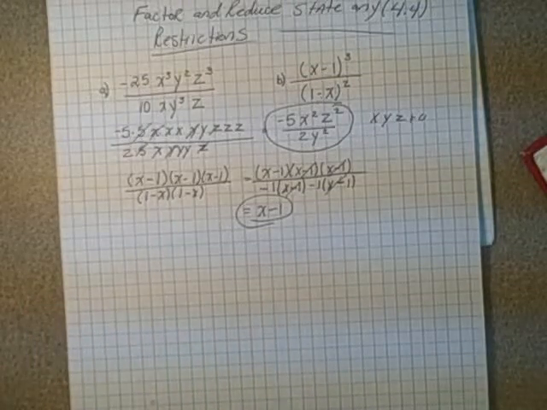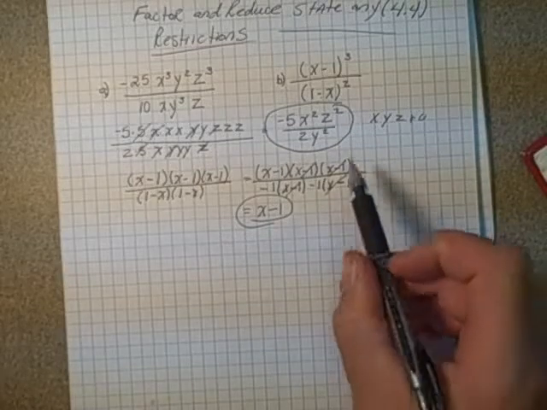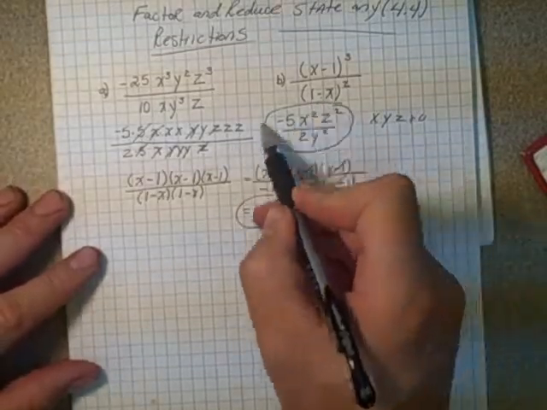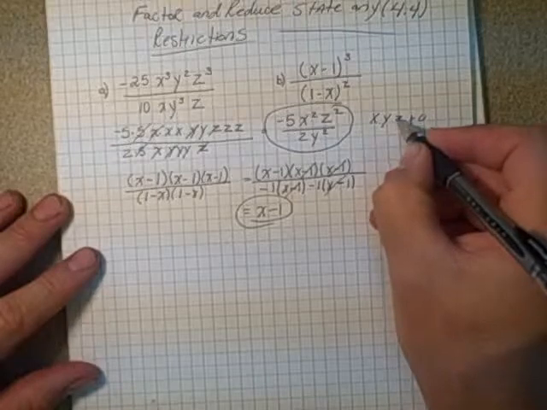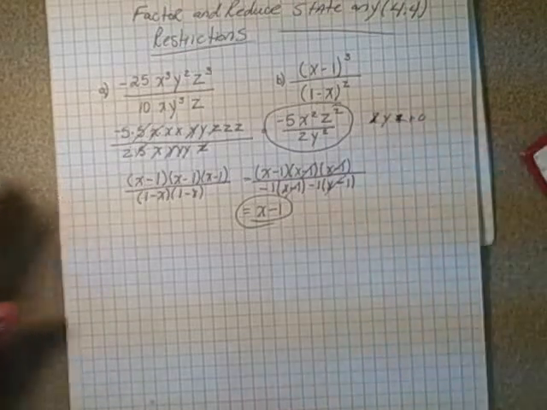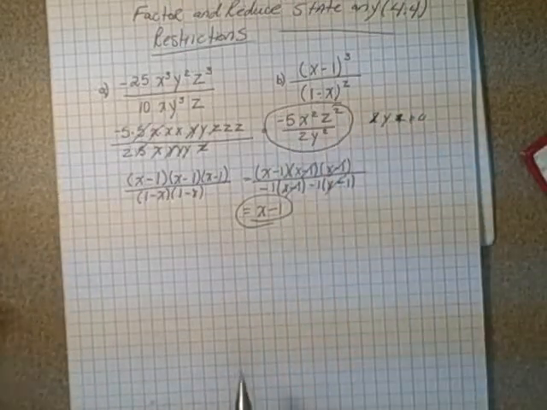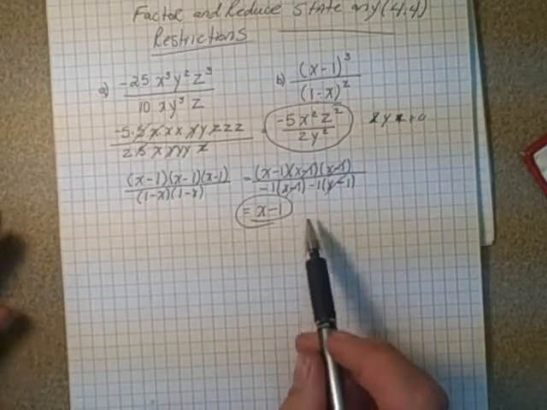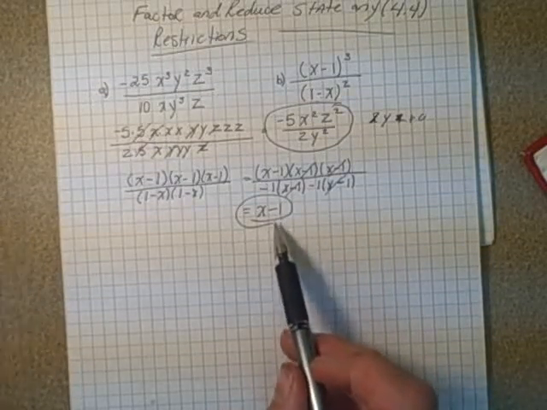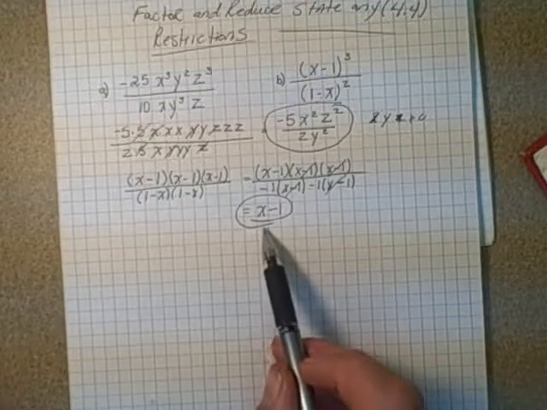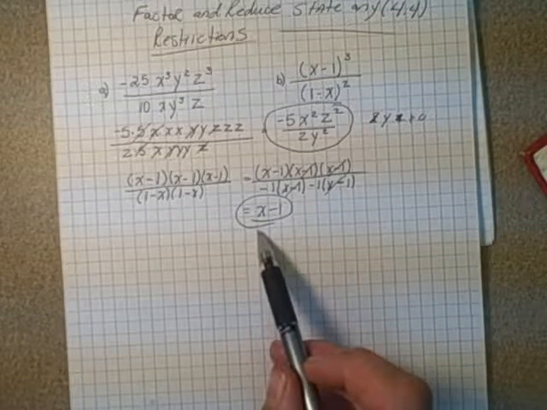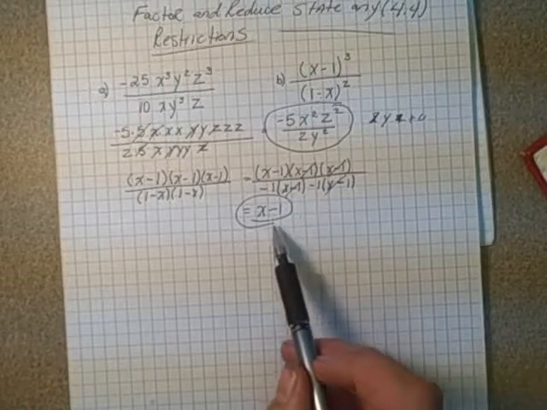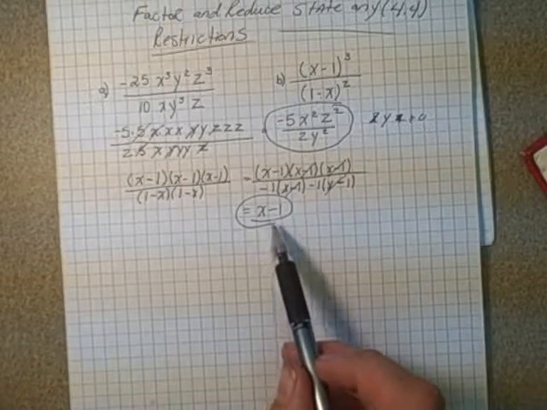Or actually, I guess we could have z as 0 because it's not on the bottom. We have to look at the final answer here. Y cannot equal 0. Always look at your final answer. And here in our case, we have no restriction because there's nothing on the bottom but a 1, so we don't have to worry about it.